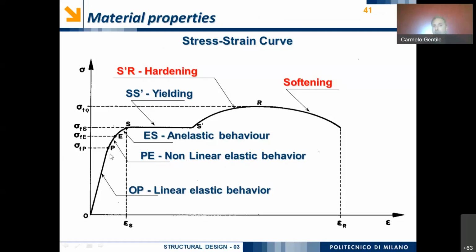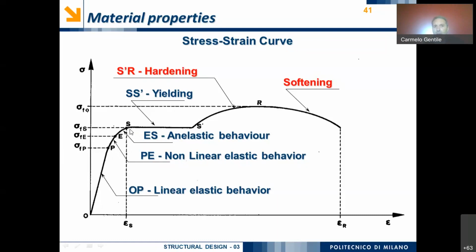Afterwards, we have another path, ES, which is the beginning of an inelastic behavior. If we reach an intermediate point between E and S, the unloading path is different from the loading path. And so we will have an unloading path that will be parallel to the straight line OP. After point S, we have the yielding, okay?